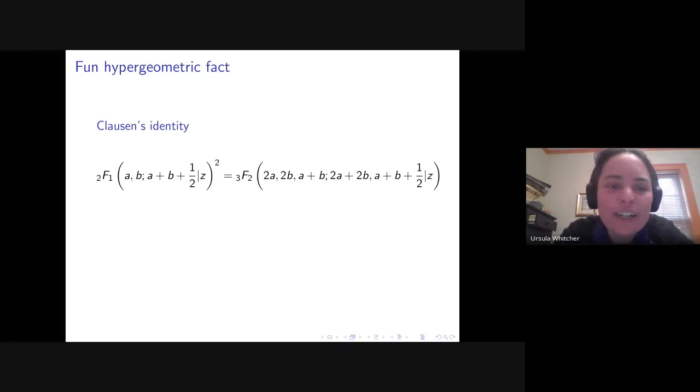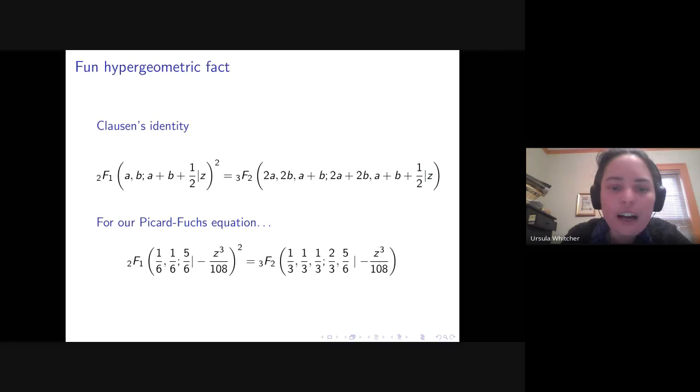It says that you can square a 2F1 hypergeometric series and get a 3F2 hypergeometric series. In our particular Picard Fuchs equation example, you would square a hypergeometric series that has 1/6 and 5/6, and you would get out our example of interest with 1/3 and 2/3 and 5/6.